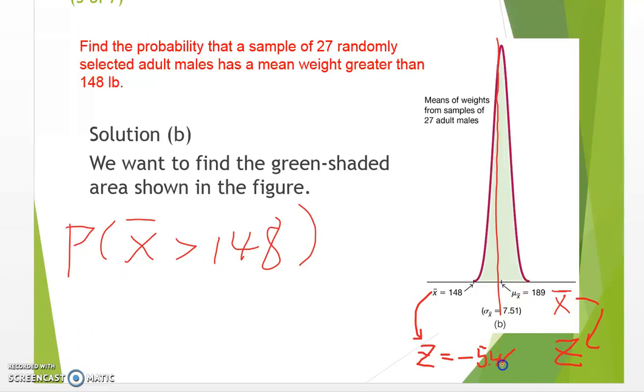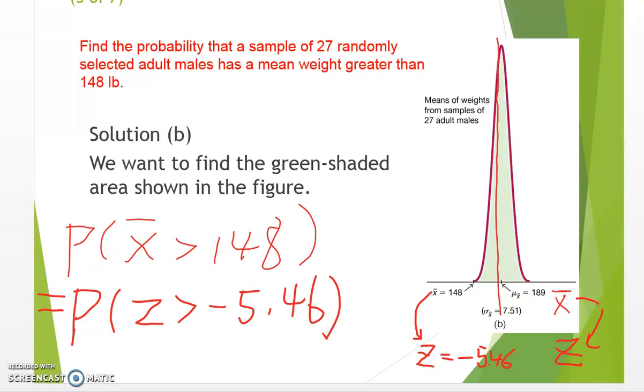So the probability of x bar being greater than 148 is the same as the probability of the z-score being greater than negative 5.46. And again, this can be done in StatCrunch.